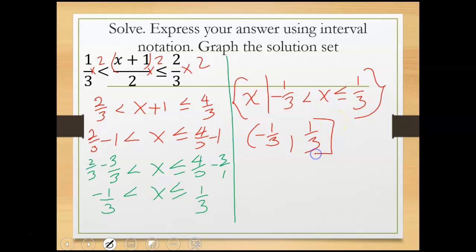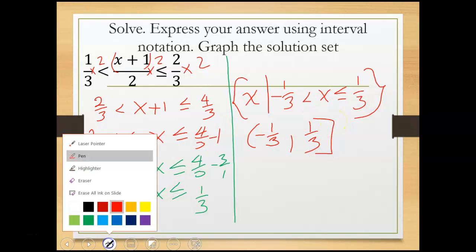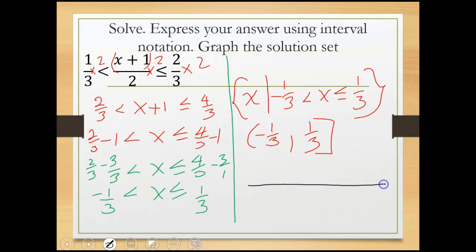And then if we draw the number line, we don't have to put all the numbers unless we are given the number line already. Otherwise, all you need to do is just remember that 0 is somewhere here and the negative is on the left side of 0. So put negative 1/3, and positive 1/3 is going to be on the other side of 0.